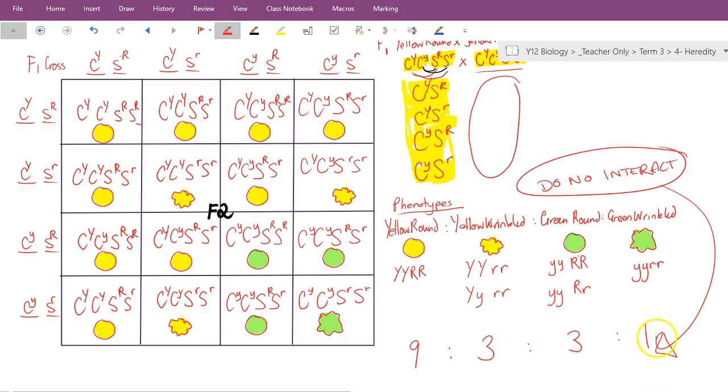And we find out if those interactions are happening by looking again at this F2 generation ratio. My F2 generation ratio is really, really important. So let me show you a few.